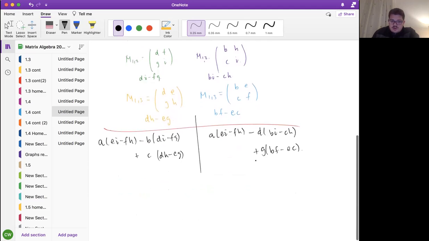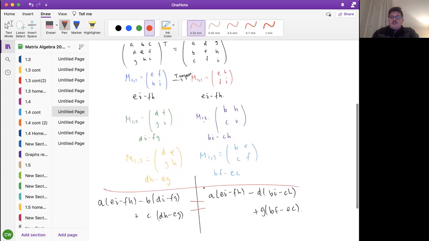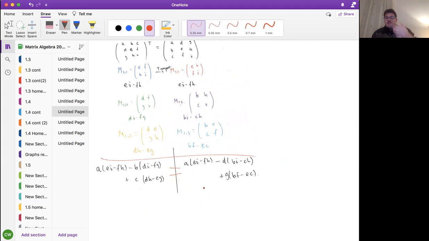So I won't do it all out, but it turns out that these are the same values. Things cancel and rearrange. So you can rearrange that one to the other. So I guess it comes out in these last two values that they rearrange to the same thing.